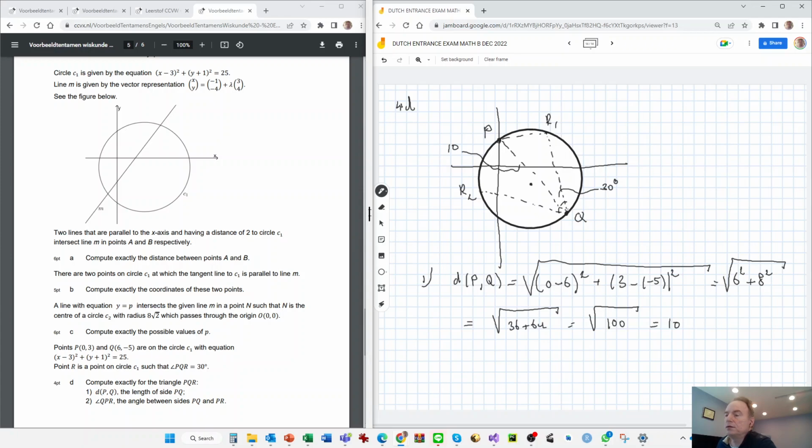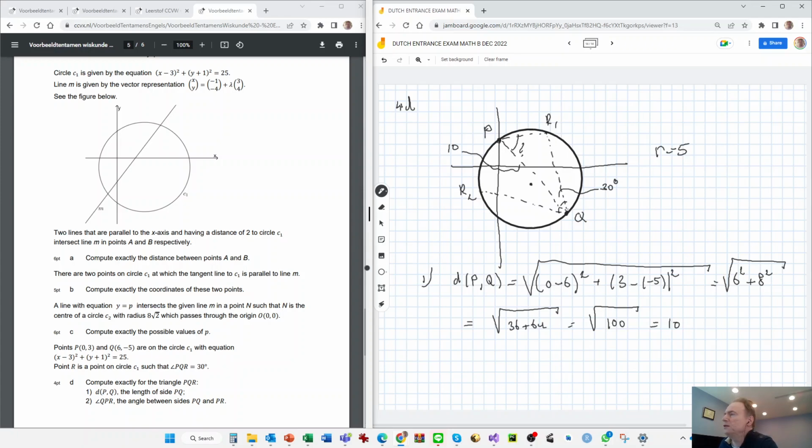And the angle of QPR. So what's this angle here? That's the question. We know this angle, we don't know this angle and this angle. Well, actually the radius of this circle is 5.